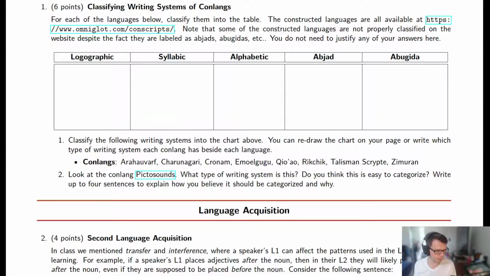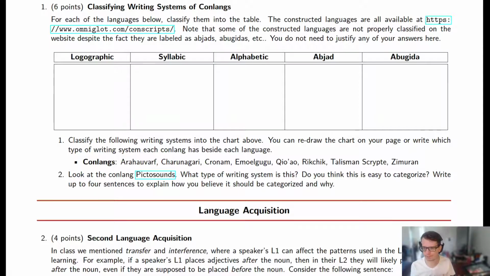The second part has you take a look at the conlang picto sounds. So you can click these on the PDF themselves. If for some reason the site doesn't work, let me know. I can try to copy the pages somehow so you have access to them. Picto sounds might be a little bit more difficult to classify, so you have a chance to explain yourself, say whether or not it's easy to categorize, and justify your answer.